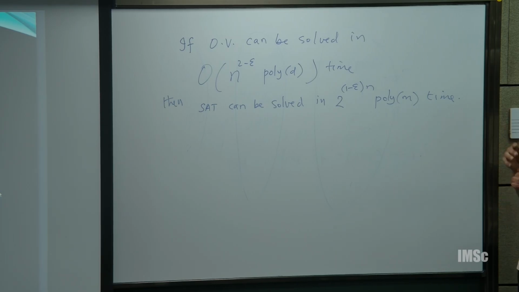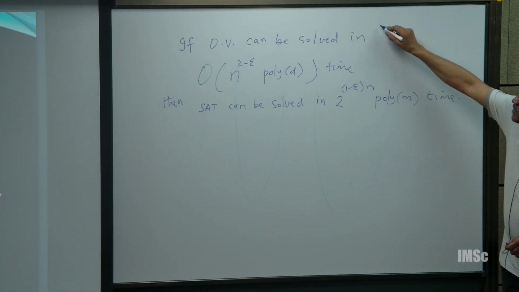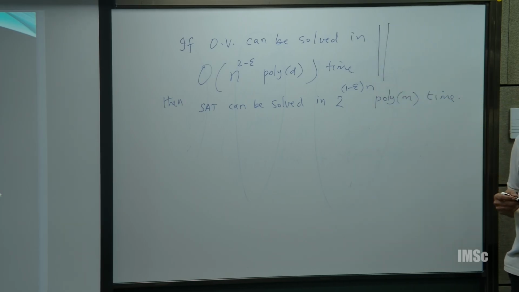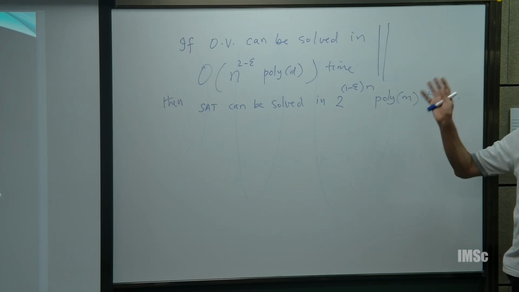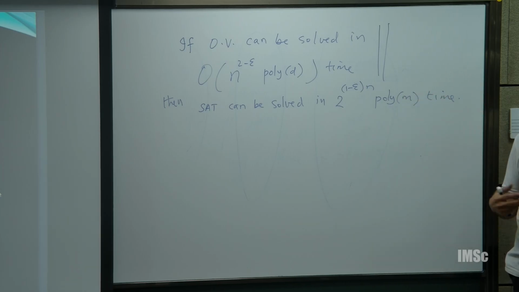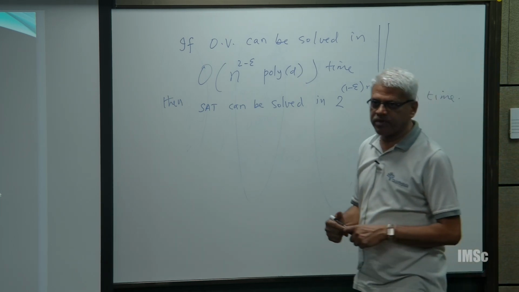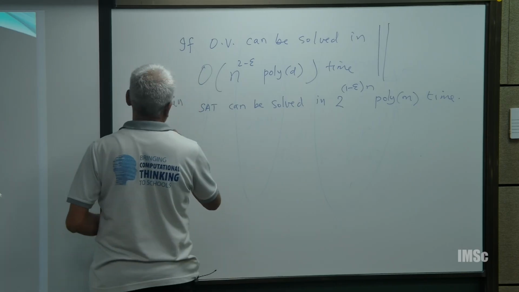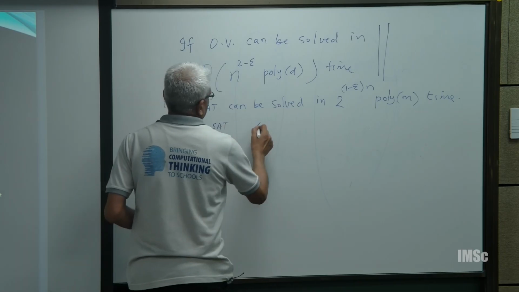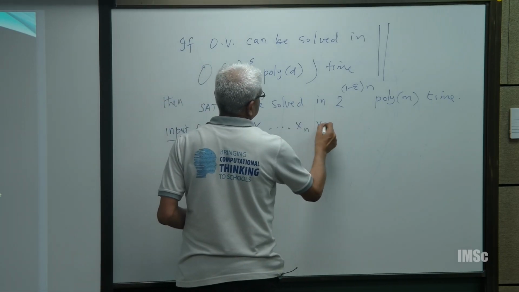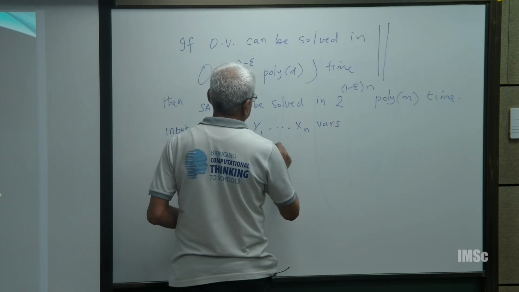So, where do I start? I am assuming that somebody has given me a black box algorithm for orthogonal vectors, which takes n vectors in d dimension and tells you whether there is an orthogonal pair in n power 2 minus epsilon time. I am going to use that to design an algorithm for SAT. So, I start with the input for SAT, which has n variables and m clauses.